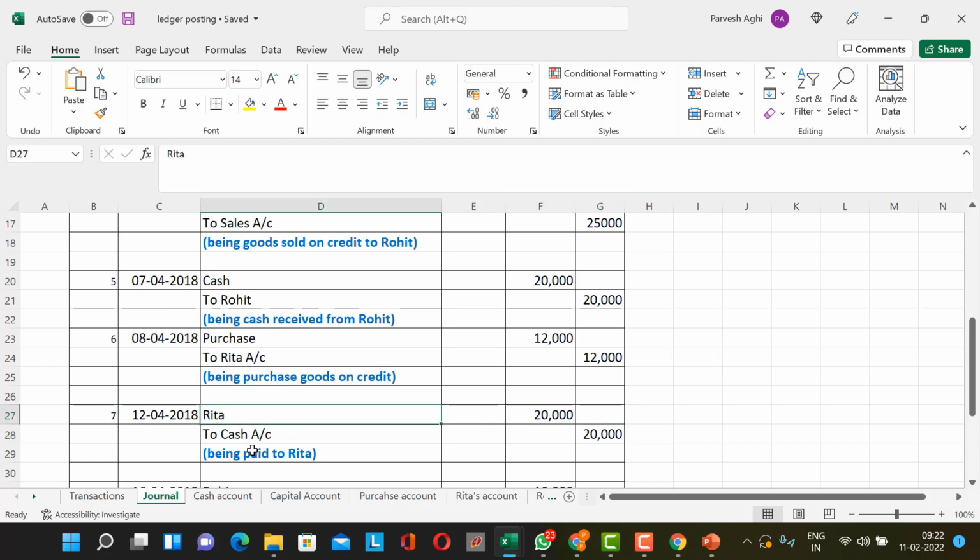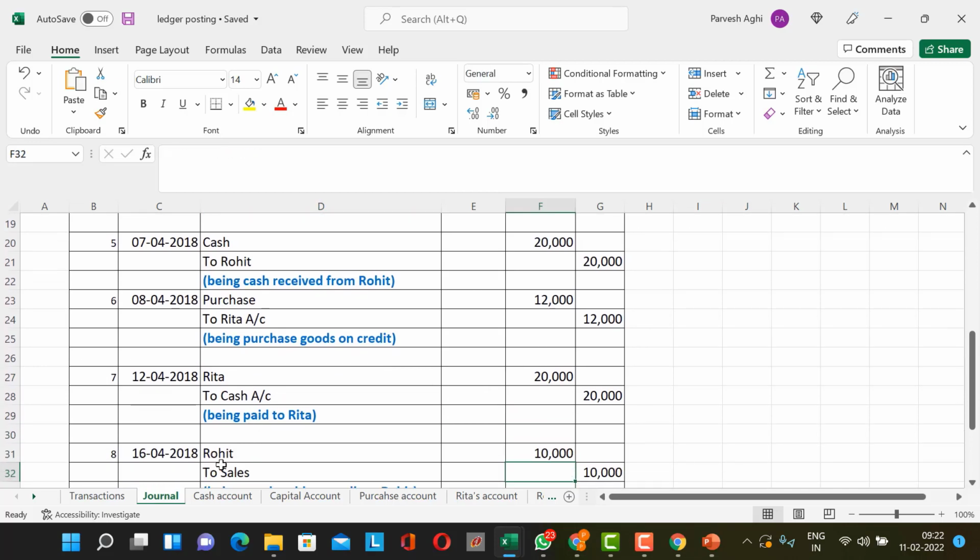So Rita account debit, and cash account credit. Cash is what is going out. So credit what goes out, debit the receiver and credit the giver. Here it is debit the receiver. So 20,000.